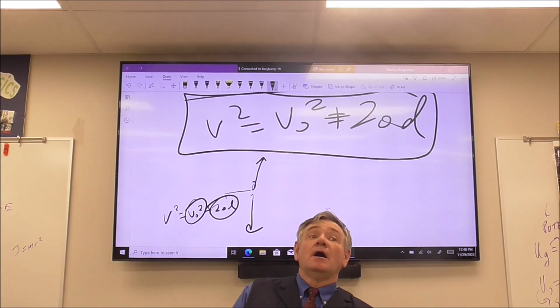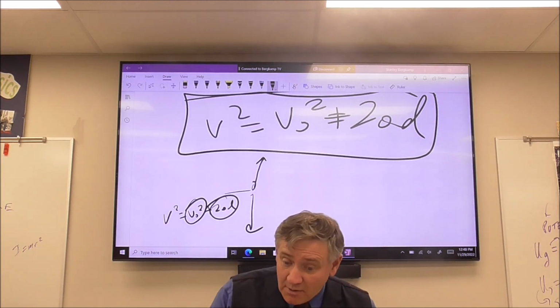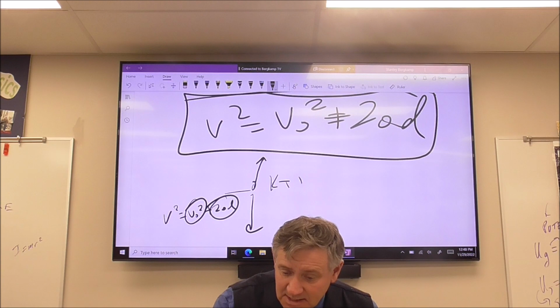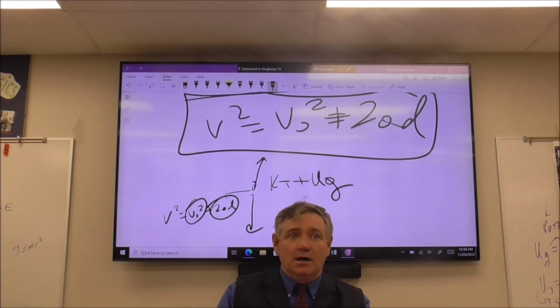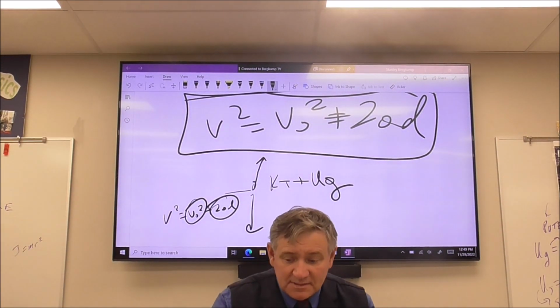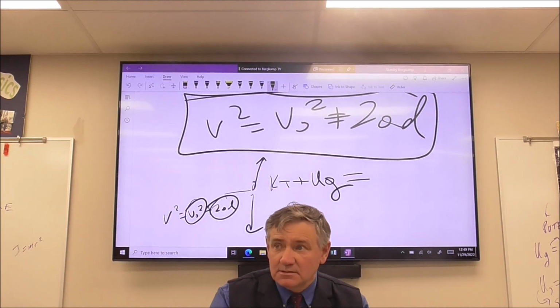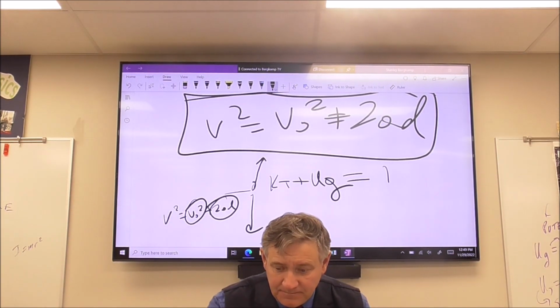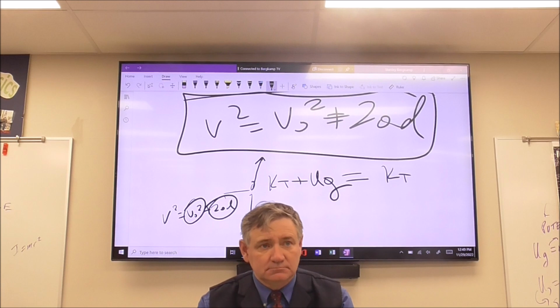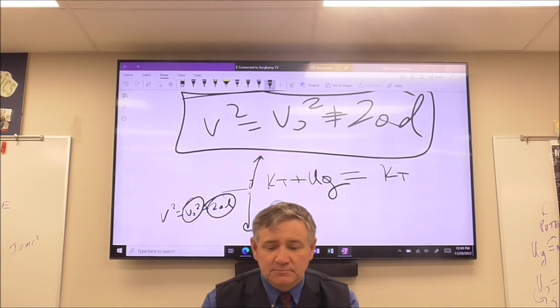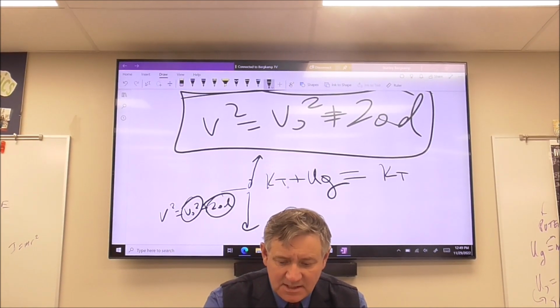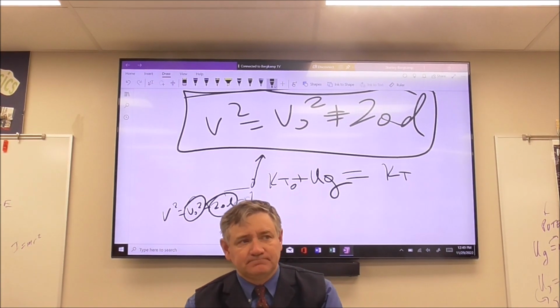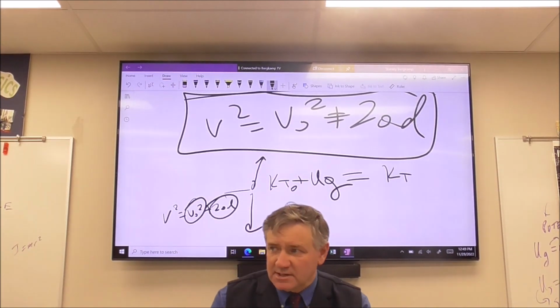Kinetic energy and gravitational potential energy. But when it lands, it only has KE. So I'm going to call this KE naught. That's the initial amount of kinetic energy.